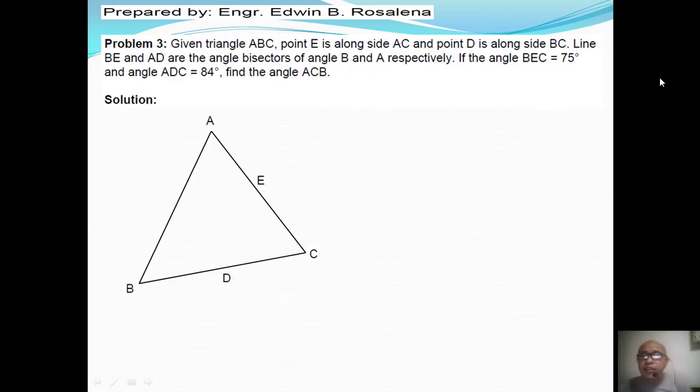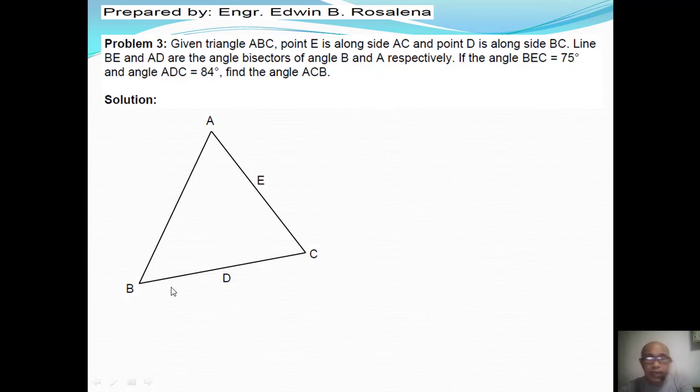So line BE, we will connect BE by a line. And line AD, we will connect AD by a line. Are angle bisectors of angle B and A respectively.